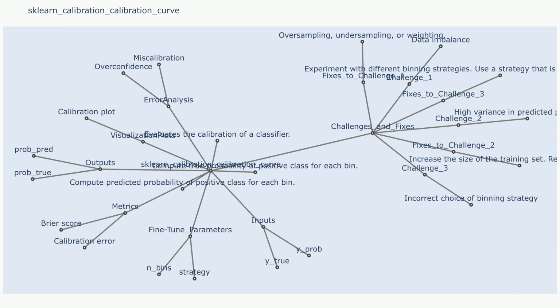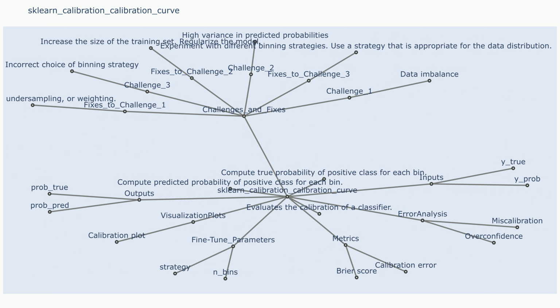Visualization. The function does not directly create the visualization. Instead, it provides you with the data, prob_true, prob_pred, and bin edges, that you can then use to create a calibration plot.